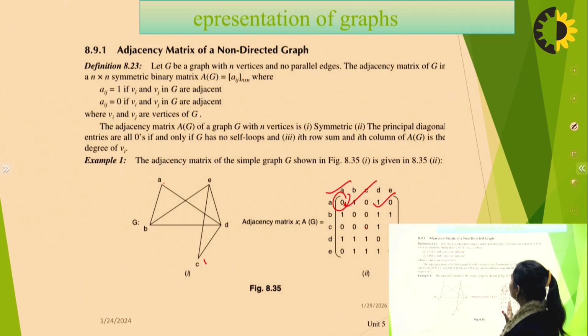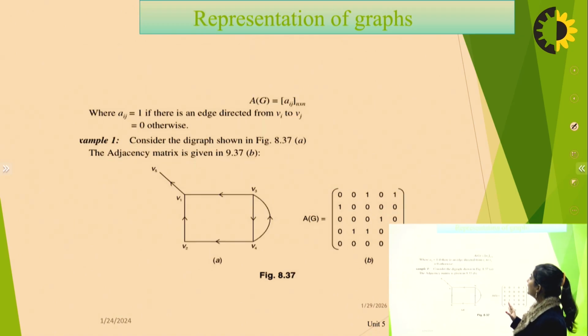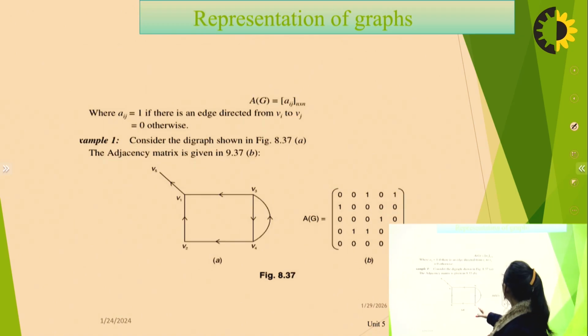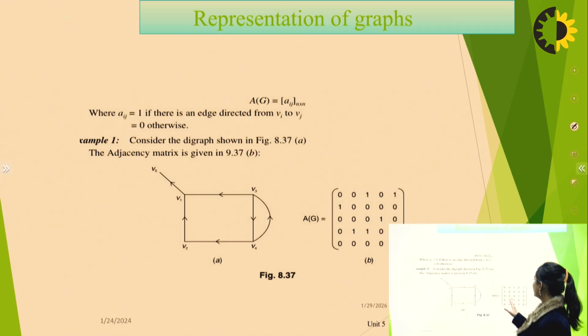The adjacency matrix AG for graph G with n vertices is symmetric. The principal diagonal entries are all 0 if and only if G has no self loop. The ith row sum and ith column sum of AG is the degree of Vi. Now, if you see this matrix, similarly, because this is a directed matrix.